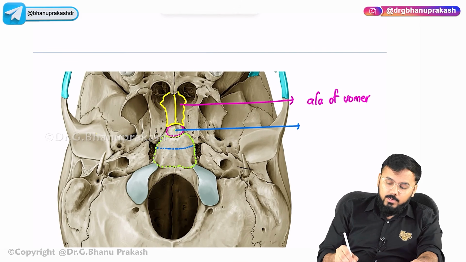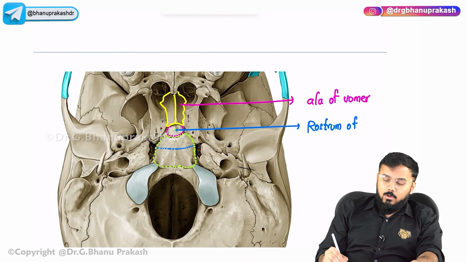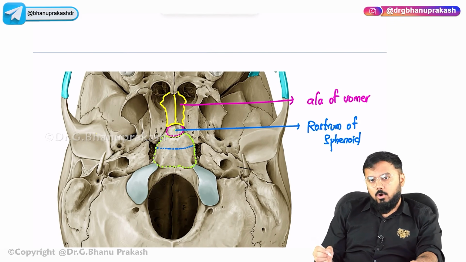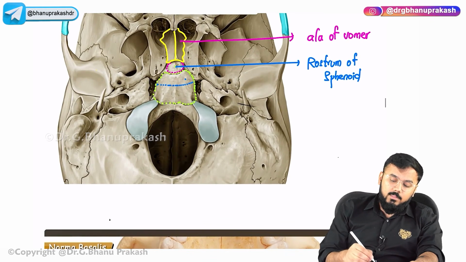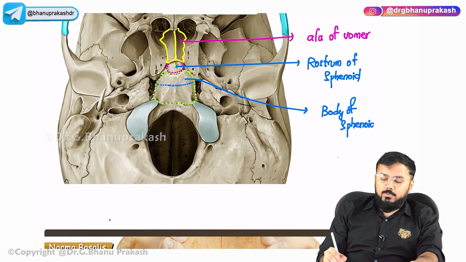This part over here is called the rostrum of the sphenoid bone. After this, this part is called the body of the sphenoid bone.